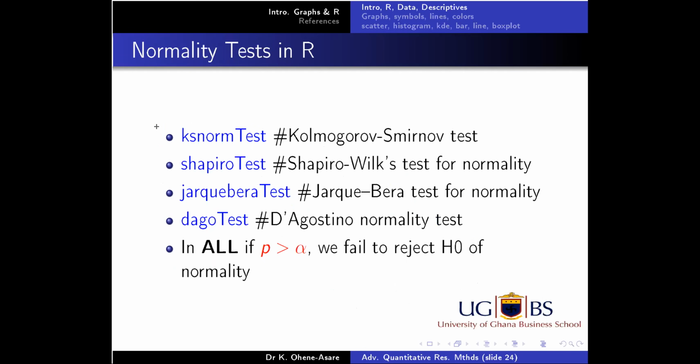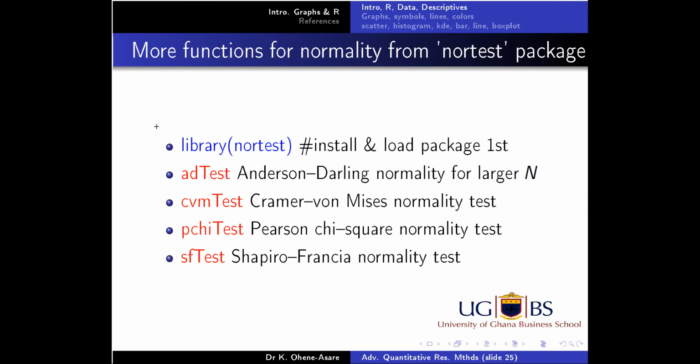You can use the KS normality test, Shapiro test, Jarque-Bera test, or D'Agostino test. There are quite a number of them. I am going to use the Shapiro-Wilk test for normality.